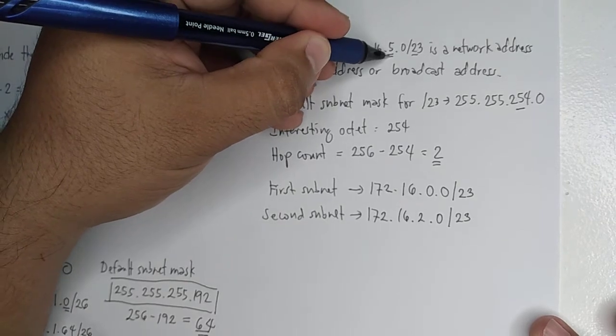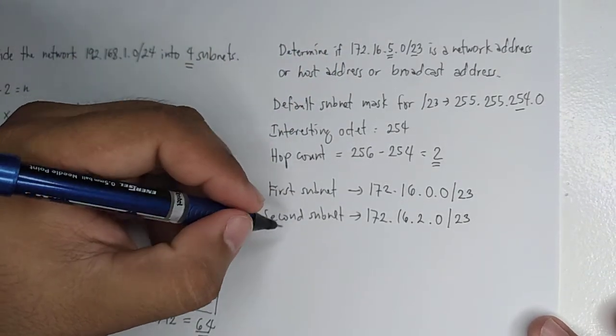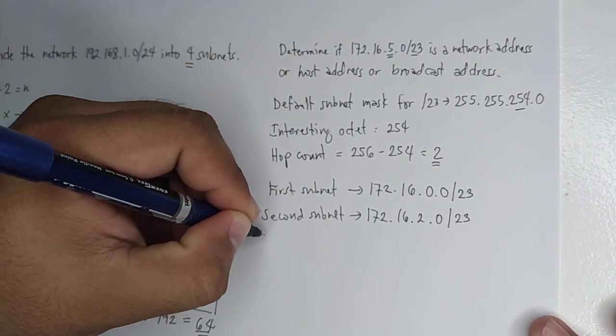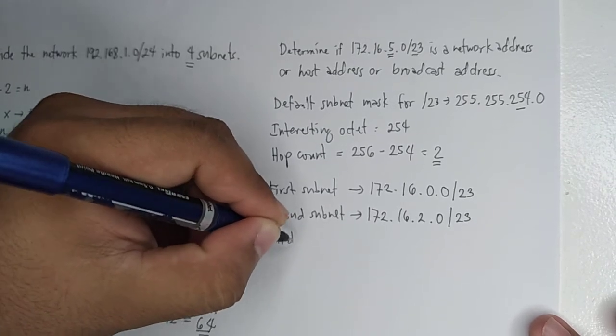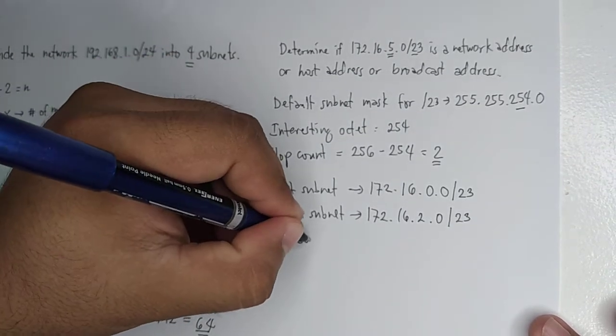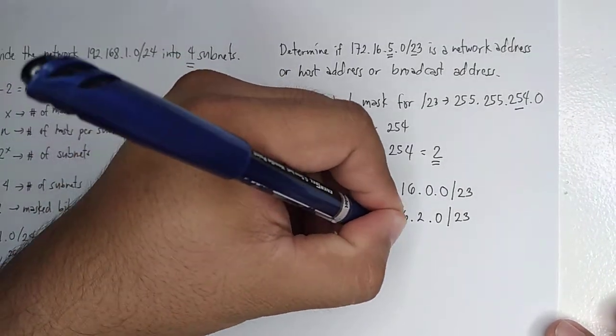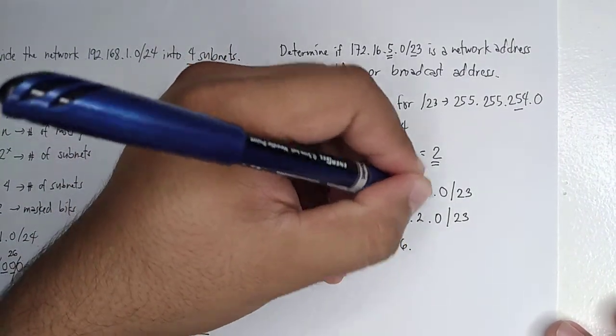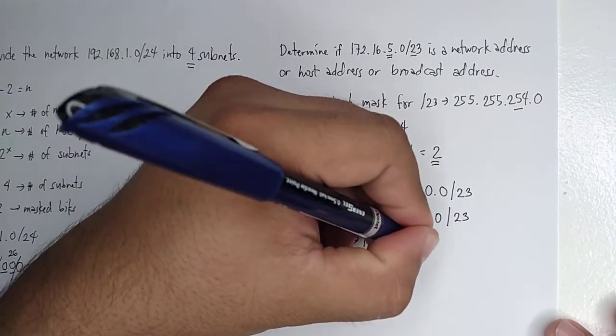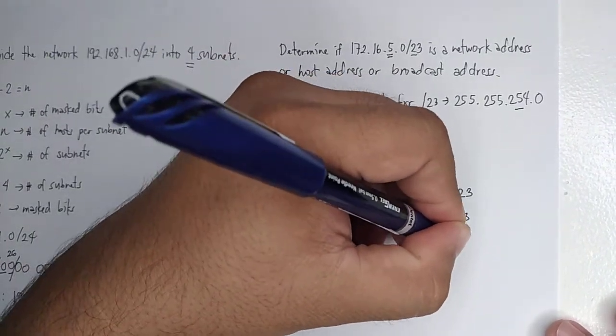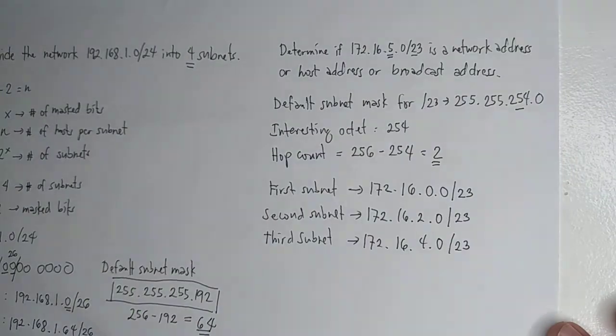The next one we'll continue. We haven't reached 5.0 yet. So we go into our third subnet: 172.16 plus 2 again, that's 4.0/23. Are we at 5 yet?